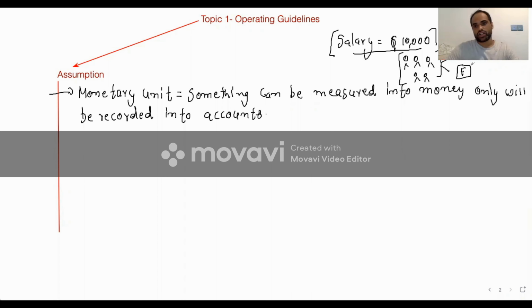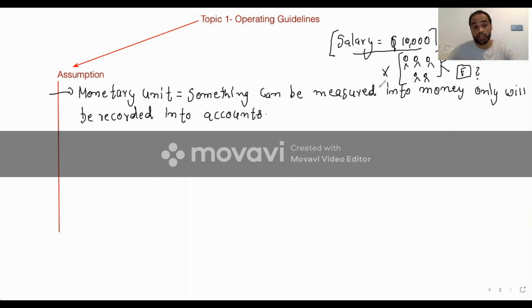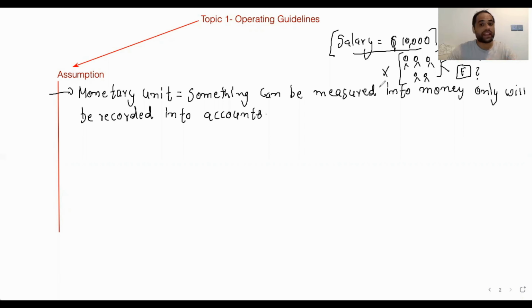But according to financial accounting, in this salary, how much money we pay to our male workers and how much money we pay to our female workers, that's not monetary unit assumptions. That does not meet the monetary unit assumptions, because it doesn't matter male or female, company paying them money.